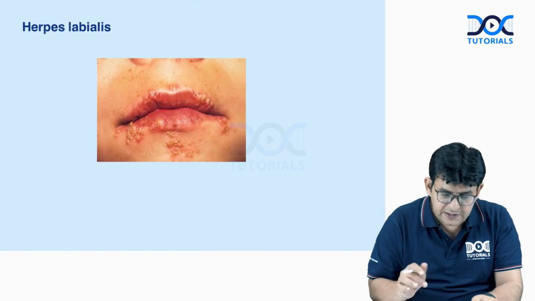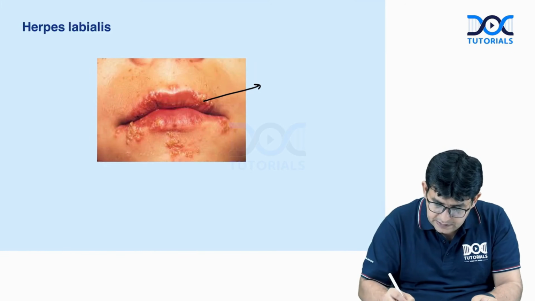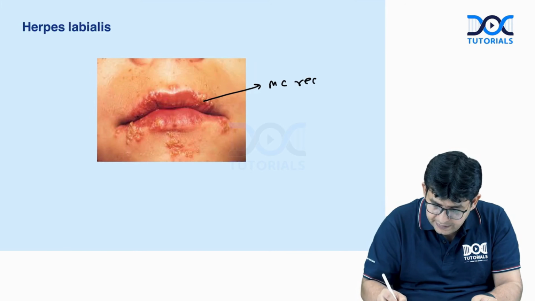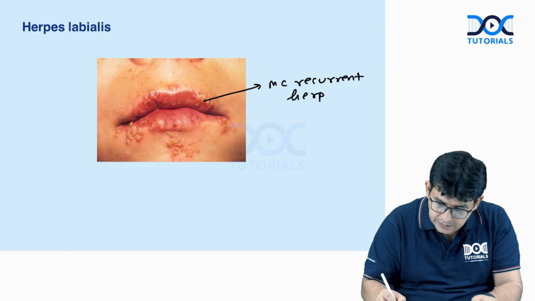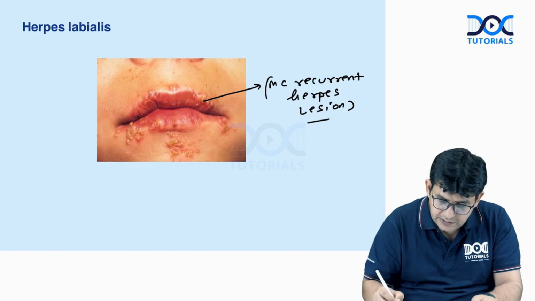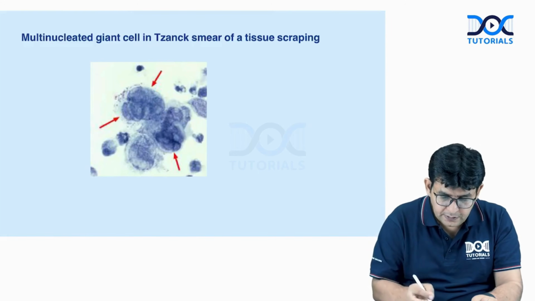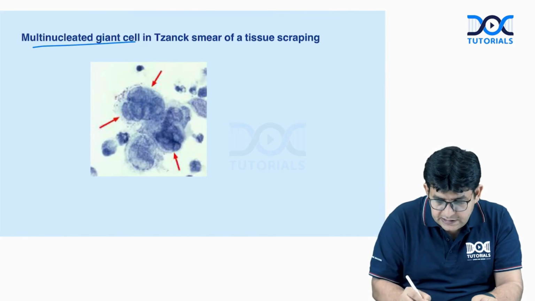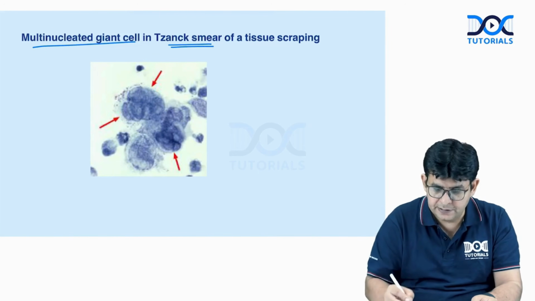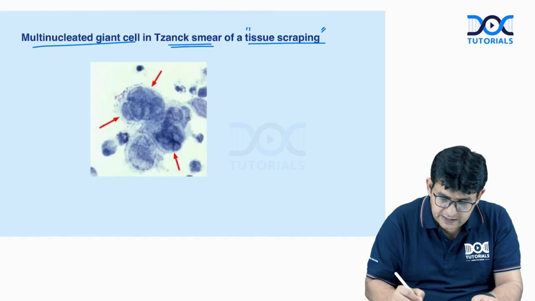This is herpes labialis, which is termed the most common recurrent herpes lesion. Multinucleated giant cells in the Tzanck smear of a tissue scraping look like this.